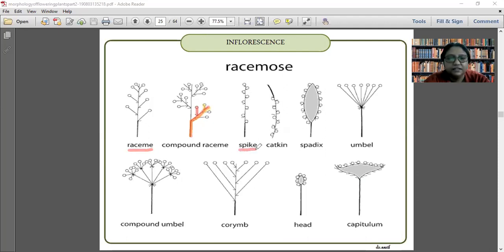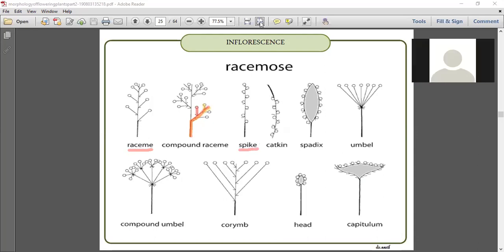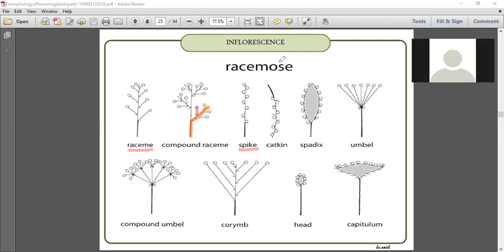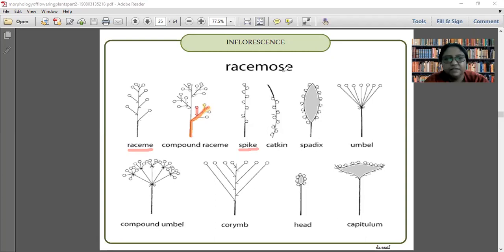Class? I wish Devanshi to answer me. Devanshi, can you answer the difference between raceme and spike? Are you there, Devanshi? Yes, ma'am. What is the definite difference between raceme and spike?